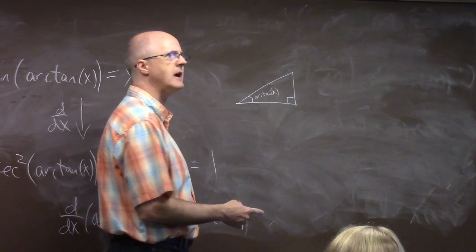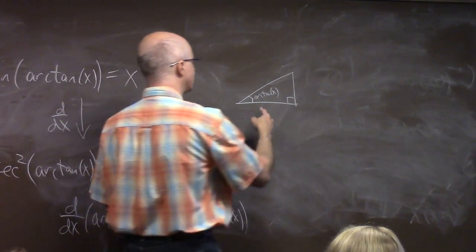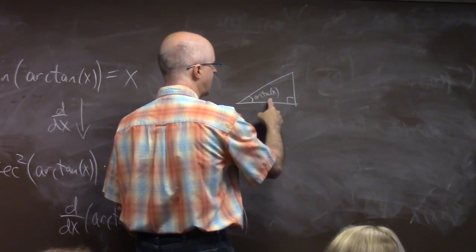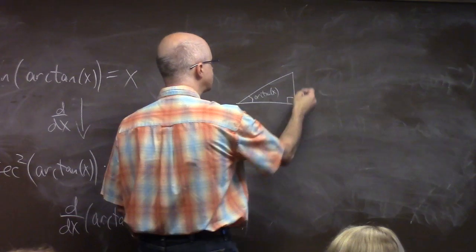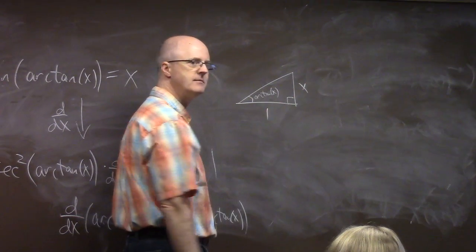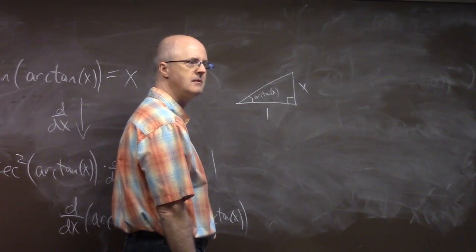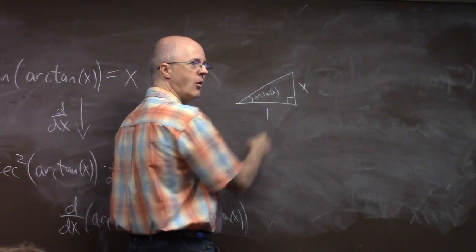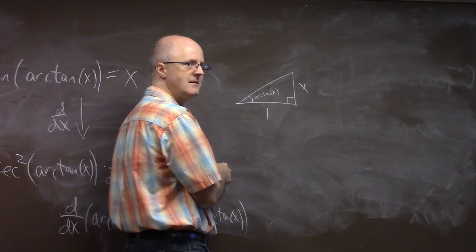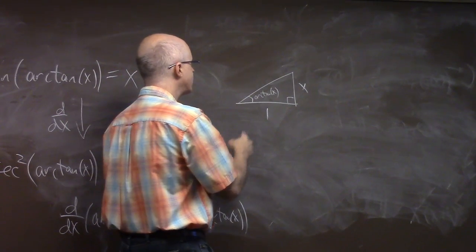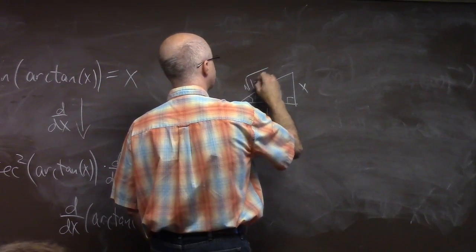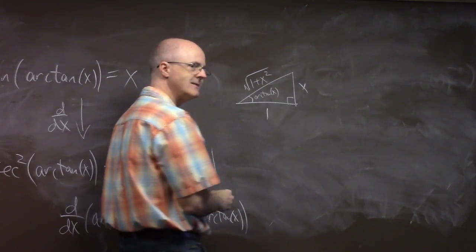So, Katoa, tangent is opposite over adjacent. The tangent of this angle is x. So I can take this side to be x and this side to be 1. Or 2x and 2, or 3x and 3. By the Pythagorean theorem, the hypotenuse has length square root of 1 plus x squared.